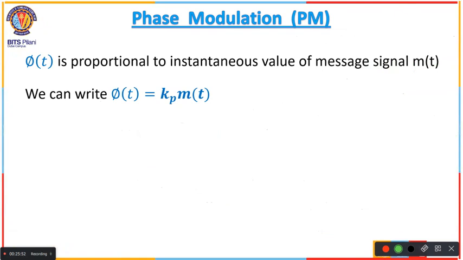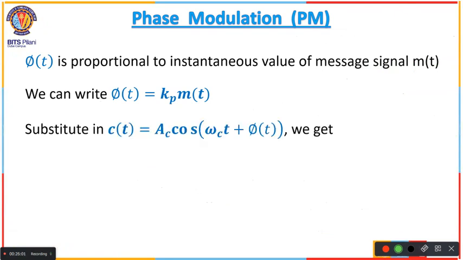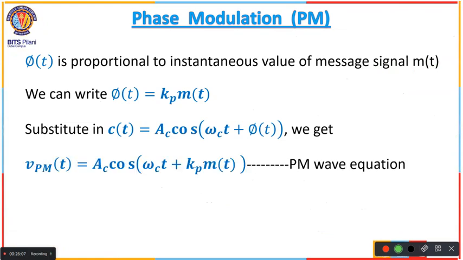See, I told you, when phi of t is proportional to the instantaneous value of the message signal m of t, your phi of t is equal to kp into m of t. So in this equation, replace phi of t by kp into m of t. So what do you get? An equation, and this is called the equation of a phase modulated wave. Now the same equation we write in a different way using frequency.